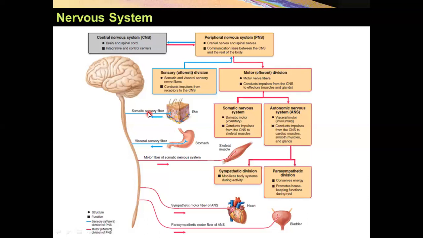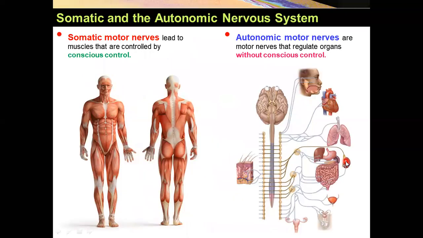Nerves that exit from the cranium, mainly from the brain stem, are called cranial nerves, while those exiting throughout the spinal cord are called the spinal nerves. Somatic motor nerves lead to the muscles that are under conscious control.